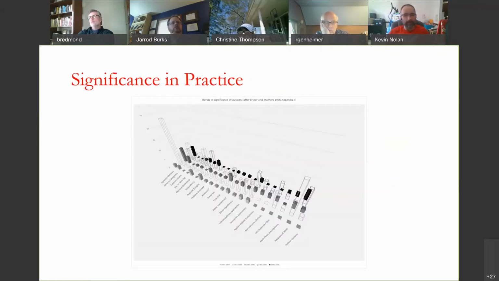This is just a figure from the article, but it shows the distribution of significance discussions in the peer-reviewed literature, and I stole this from Breyer and Mathers, 1996. But you can see that there is a distribution. You can't really see the code on there very well, but there's some patterns.